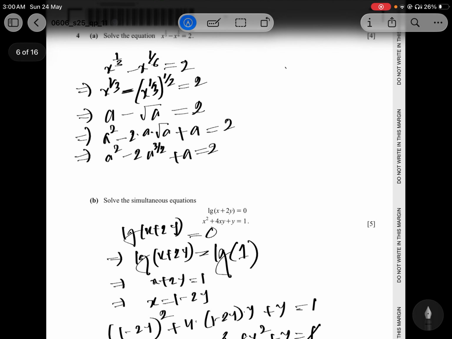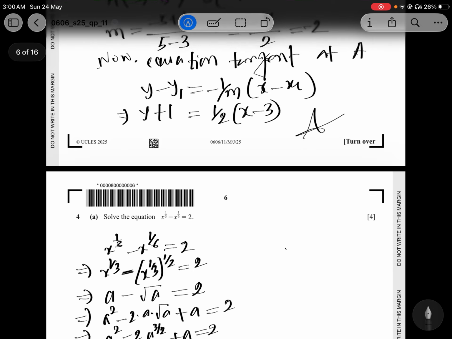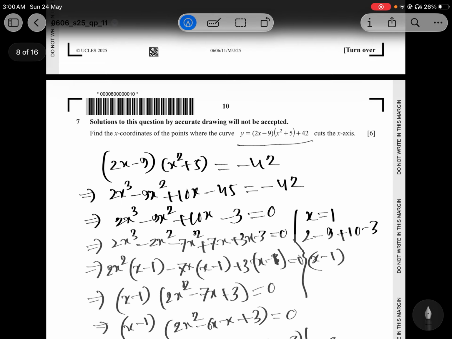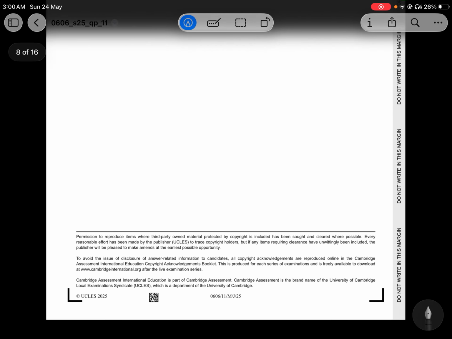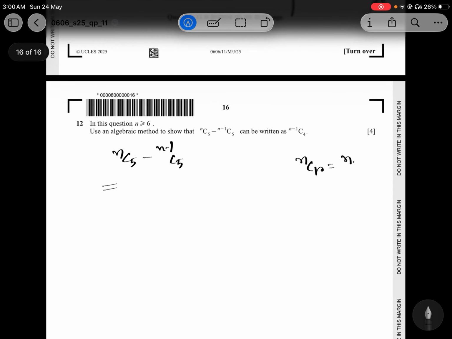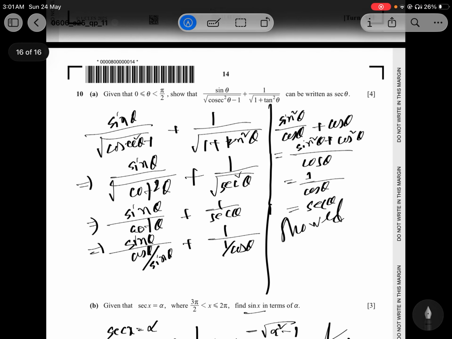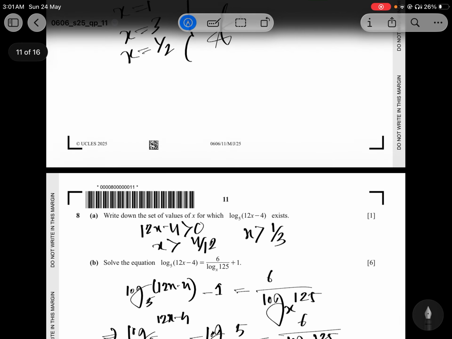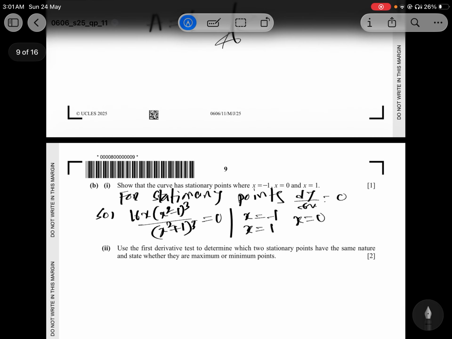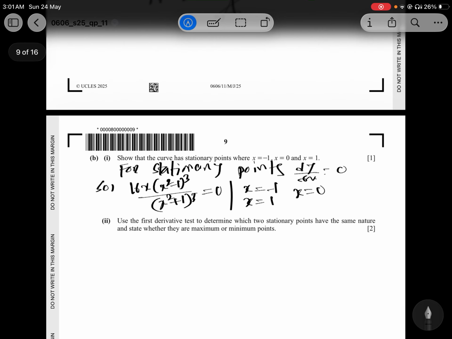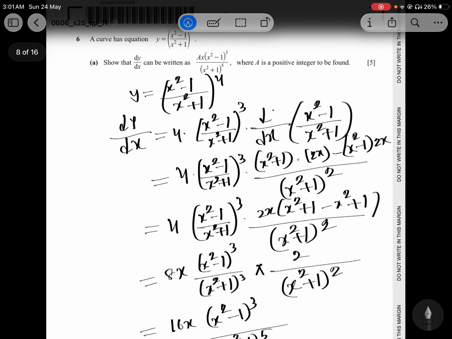So I'm left behind 2 questions. 4 marks. And the last one is like 4 marks, 8 marks. So I'm already secured 72 and 2 marks, 70.